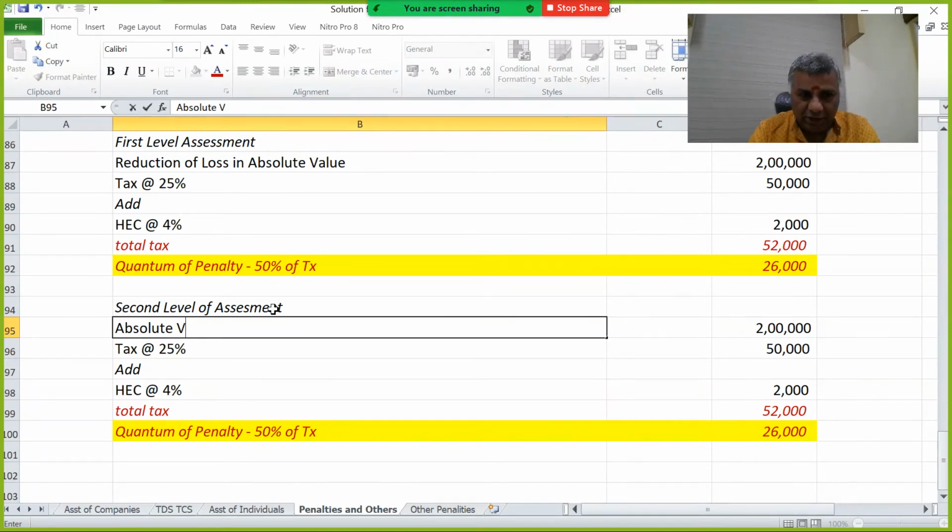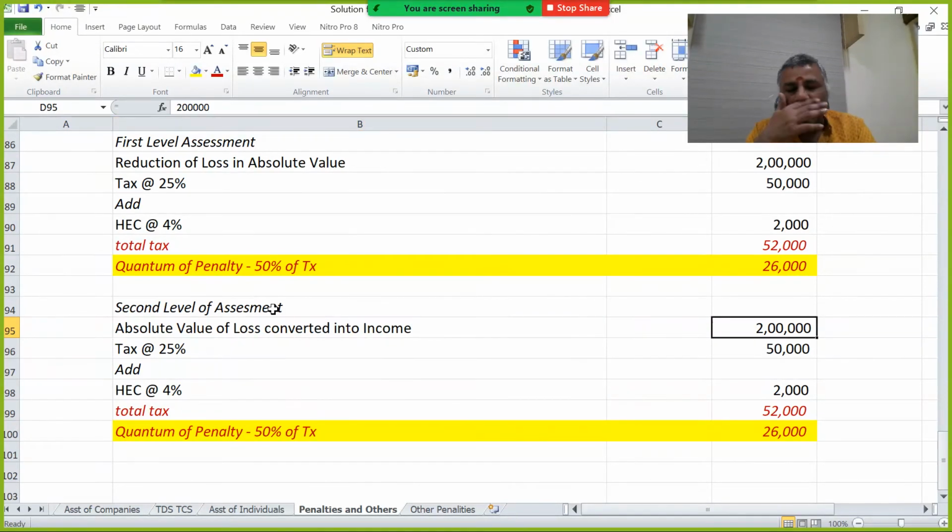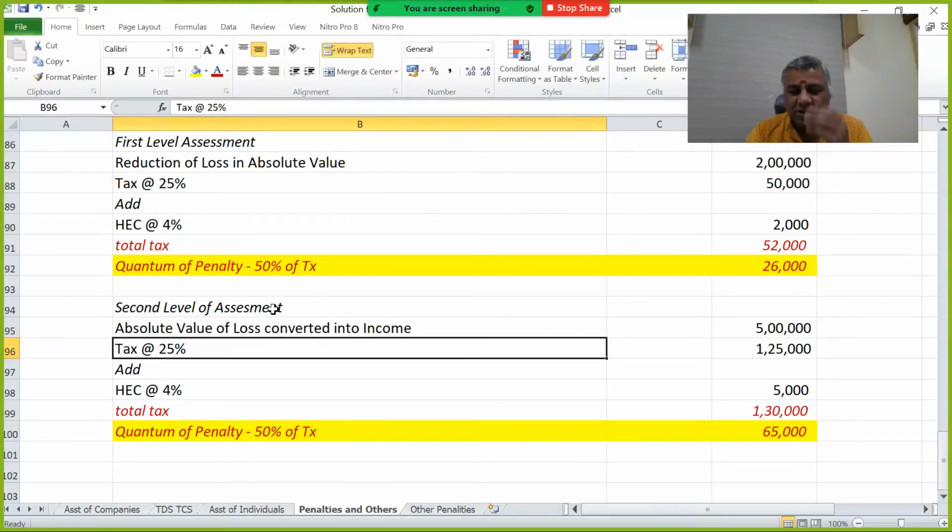Absolute value of loss converted into income. So -1 becomes 4 lakhs. So 5 lakhs is the addition they have made and 65,000 will be the tax. In the second level of assessment, -1 lakh has become 4 lakhs. So under reporting of income comes to 5 lakhs and they will ask you to pay the tax only for 4 lakhs.